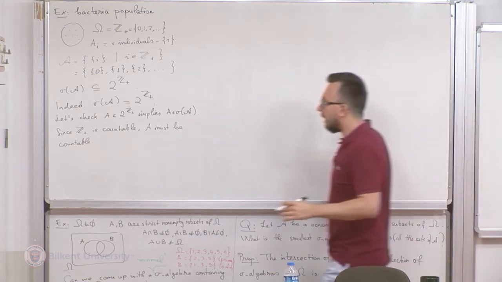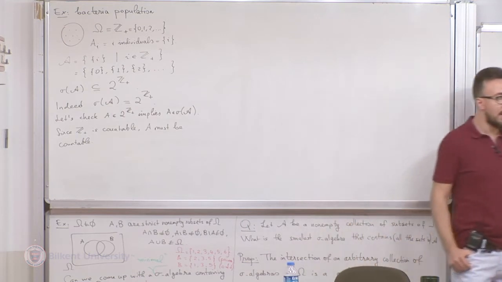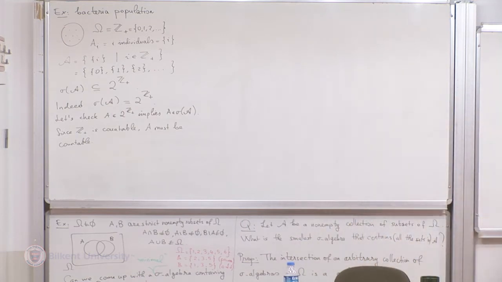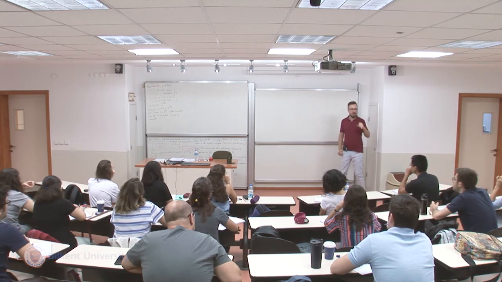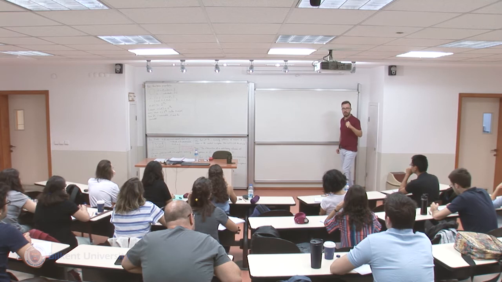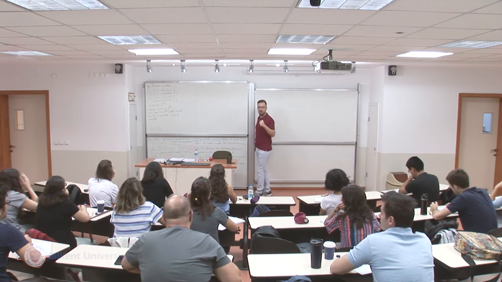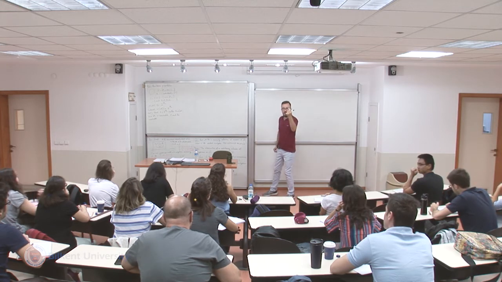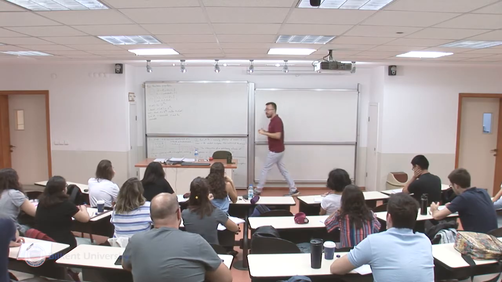Anyway, we don't care. Since it's a countable set, I can write any countable set as a union of countable sets. What kind of sets? How can I write a countable set as a countable union? Exactly. Just consider every element as a set, as a singleton, just by putting brackets.